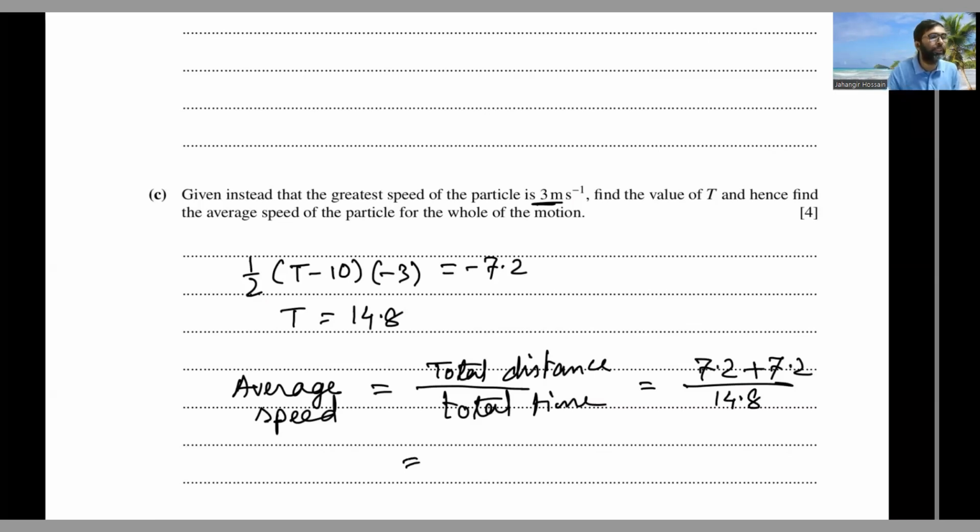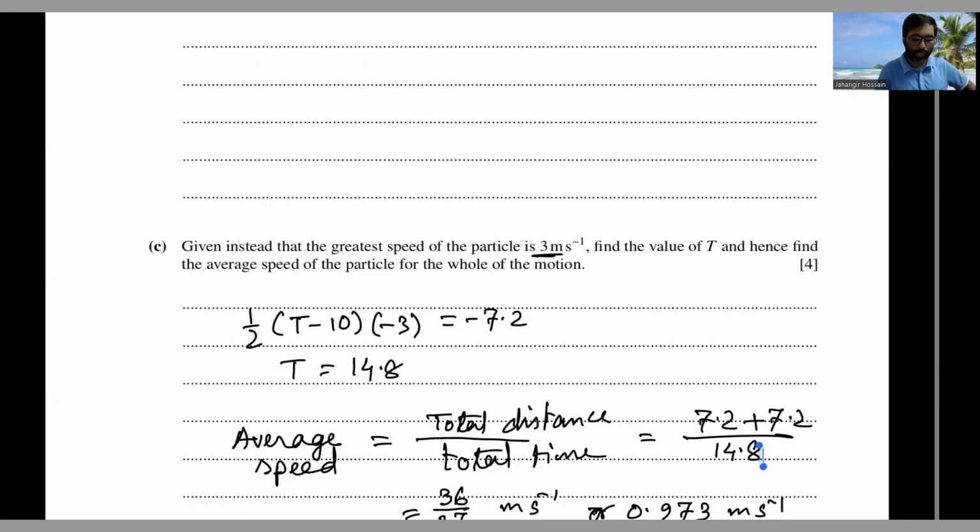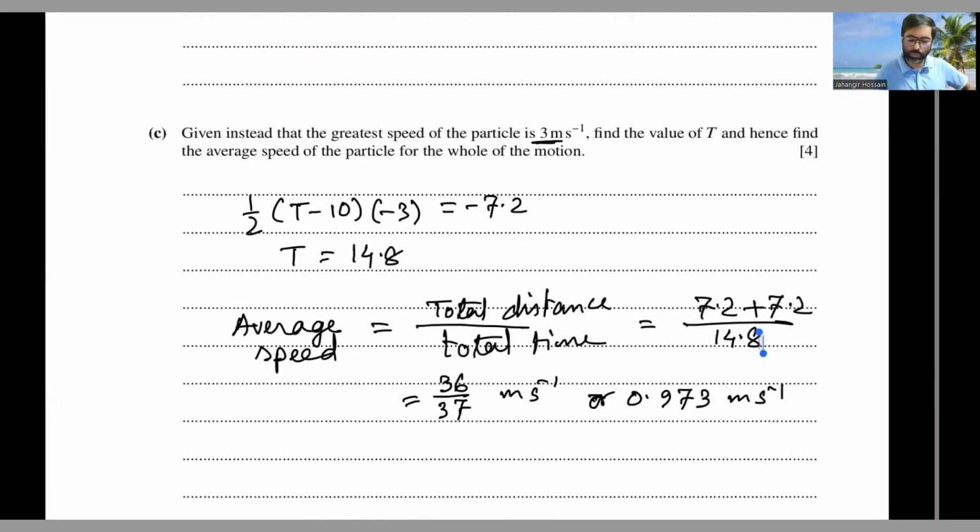So it is 36 by 37 meters per second, which is 0.972 meters per second. That's the average speed of the particle for the whole of the motion, and that's part C.